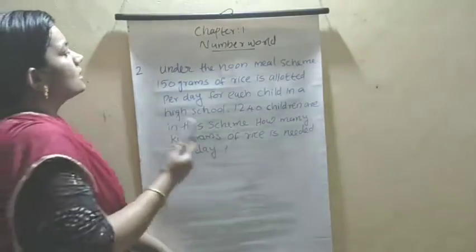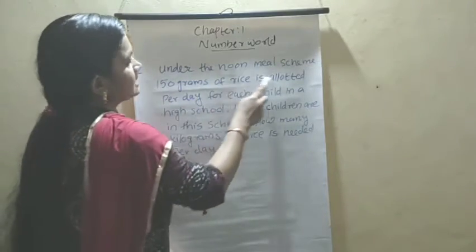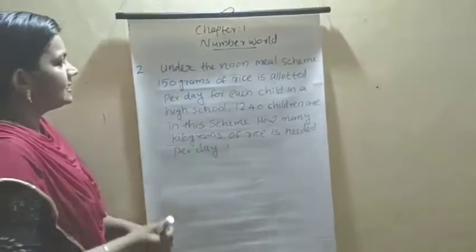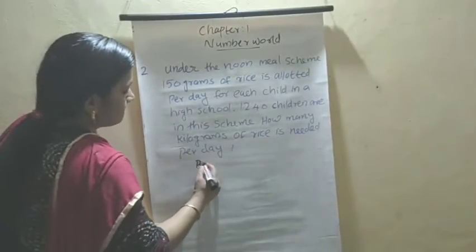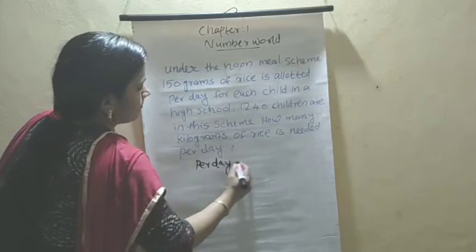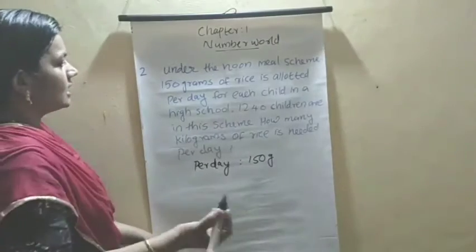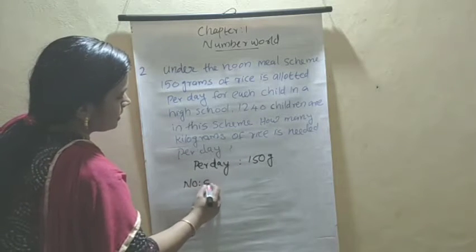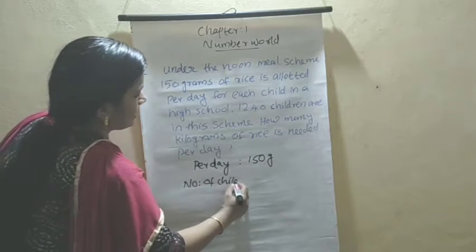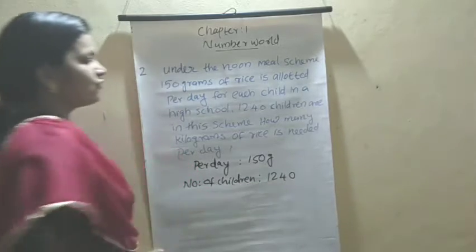Okay, the noon meal scheme: 150 grams of rice is allotted per day. Per day allotted how many grams? 150 grams. Then how many children? The number of children is 1240.